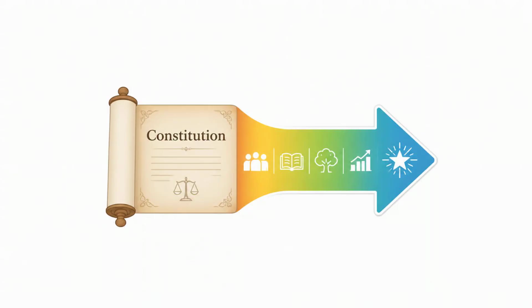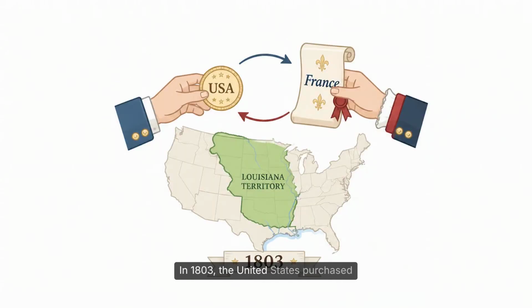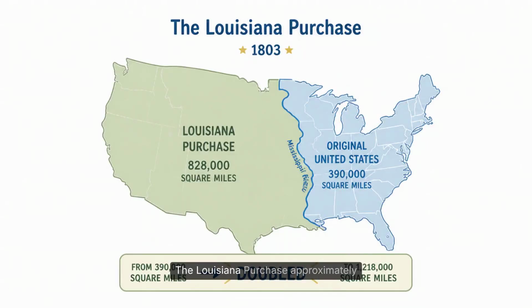During Jefferson's presidency, the territorial size of the United States expanded considerably. In 1803, the United States purchased the Louisiana Territory from France. The Louisiana Purchase approximately doubled the country's territory and gave the United States control of vast lands west of the Mississippi River.